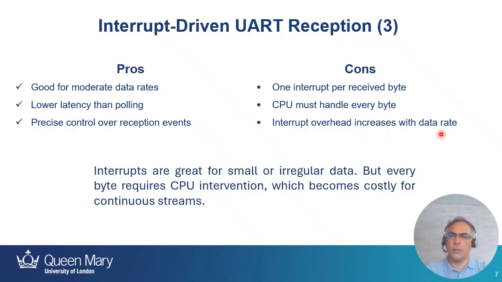The pros: it's good for moderate data rates, has lower latency than polling, and gives you precise control over reception events. So interrupts are great for small or irregular data, but every byte requires a CPU intervention, which becomes costly for continuous streams. So let's move to the DMA approach that overcomes this issue.